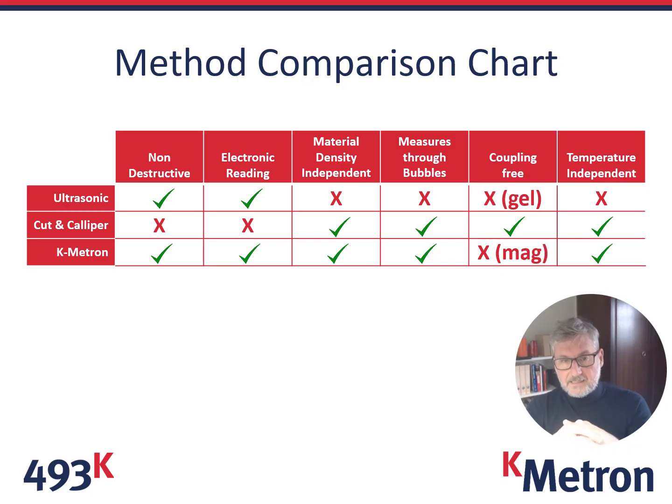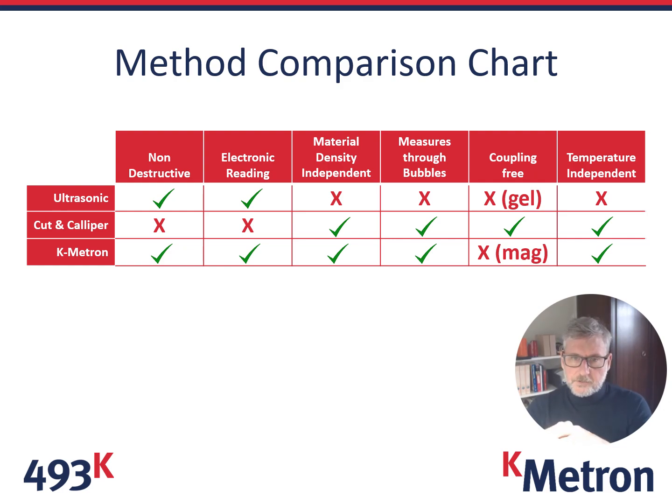So the K-Metron can only be used to measure non-ferrous parts. So all plastics, GRP, wood, aluminium. So it could even be used to measure the thickness of your aluminium tools. No problem. With ultrasound, you need a coupling gel on the surface, which then needs to be cleaned off. Cutting and caliper, you don't need any coupling gel.